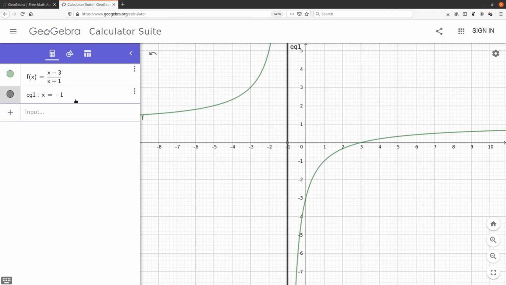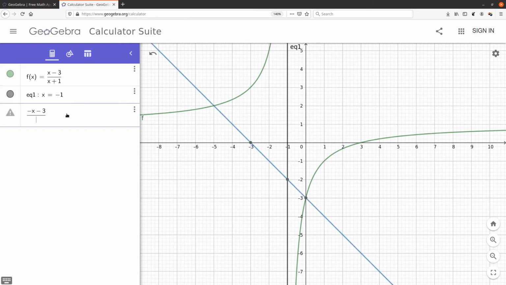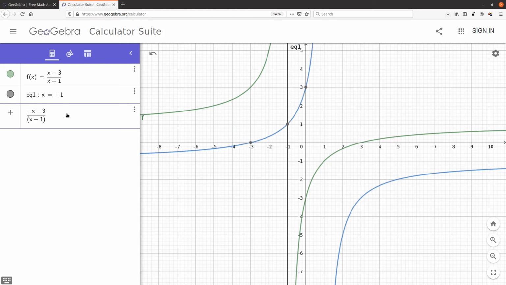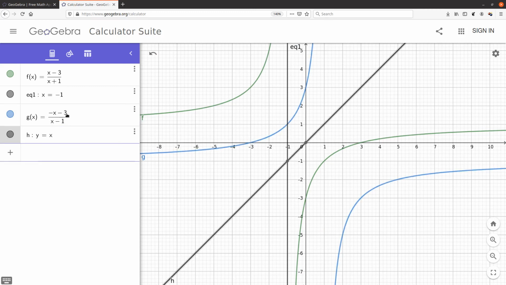Okay, let's look at the inverse. We calculated its inverse, and that's that one. Okay, well, so let's have this, and maybe not have that.